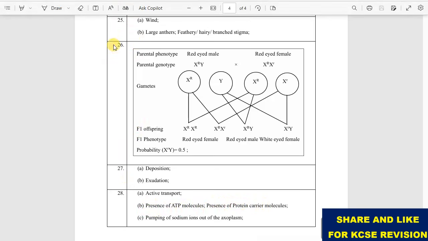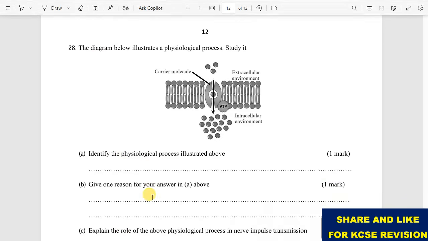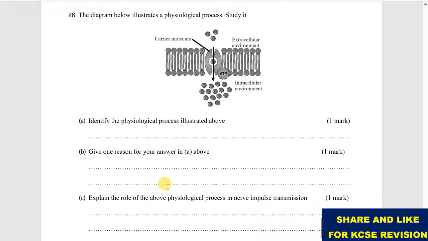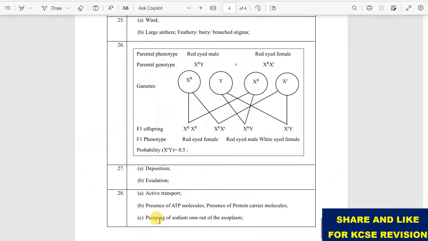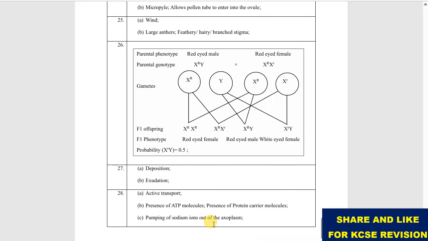Explain the role of the above physiological process in nerve impulse transmission. Pumping of sodium ions out of the axoplasm.